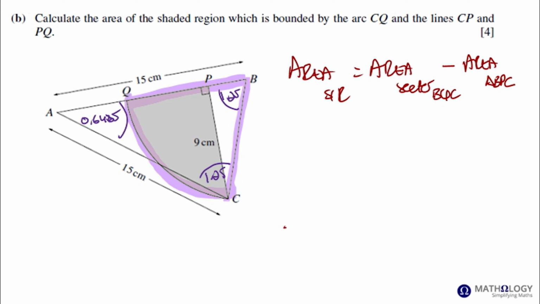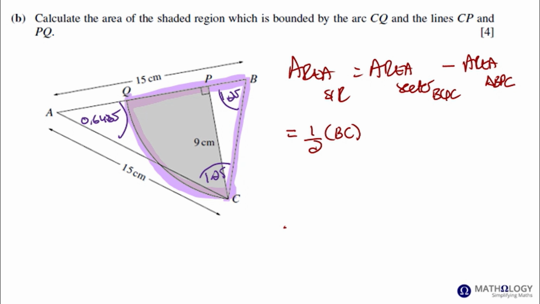The area of sector BQC is a half the radius squared. So the radius of sector BQC is BQ and BC.